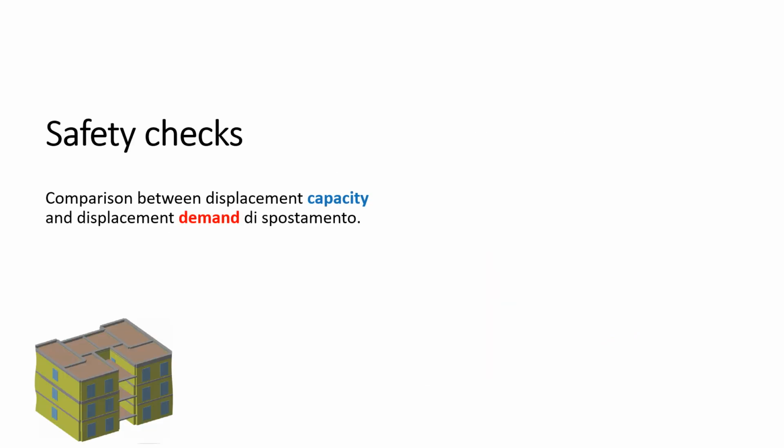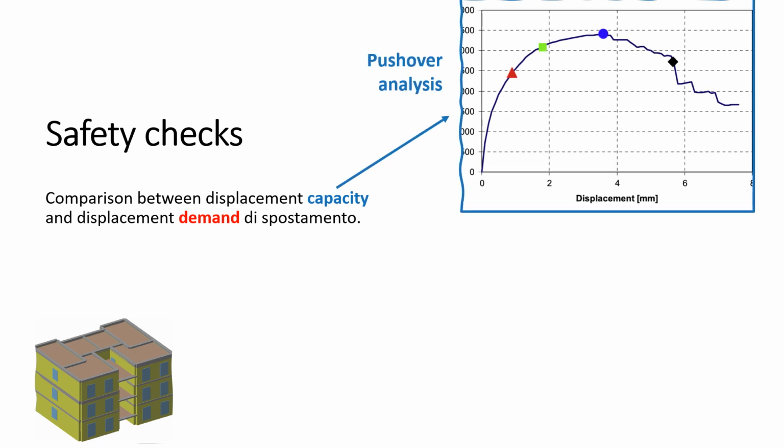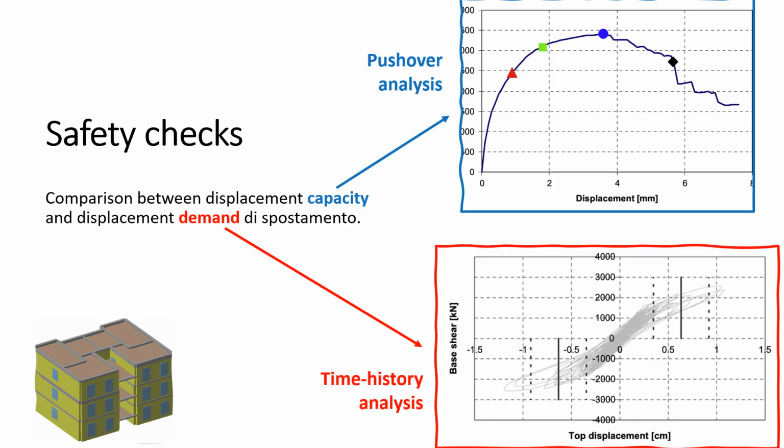And the last point is the procedure for safety check, which is basically similar to nonlinear static analysis, a comparison between displacement capacity and displacement demand. In this case, the displacement capacity is, again, something that we can derive from a pushover analysis, and the displacement demand from the time history analysis directly.